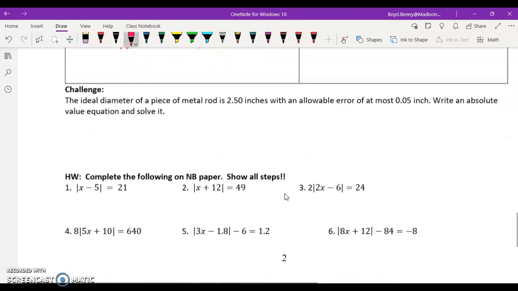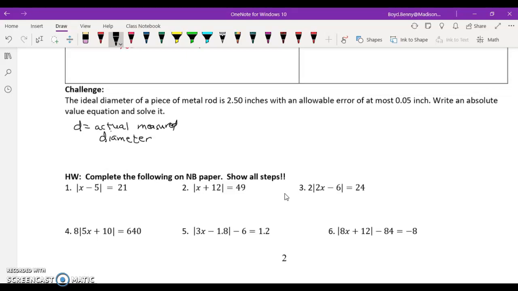All right, let's take a look at this challenge problem. The diameter of a piece of metal rod is 2.5 inches with an allowable error of 0.05 inch. Write an absolute value equation and solve it. Okay, so if the perfect size is 2.5, then let's let D equal the actual measured diameter.